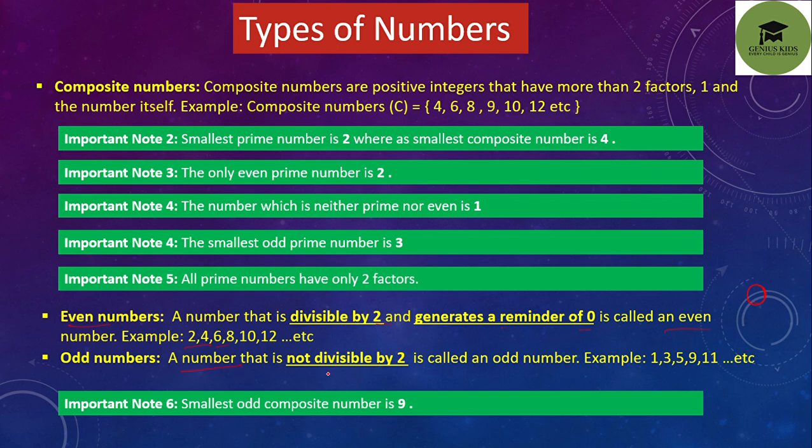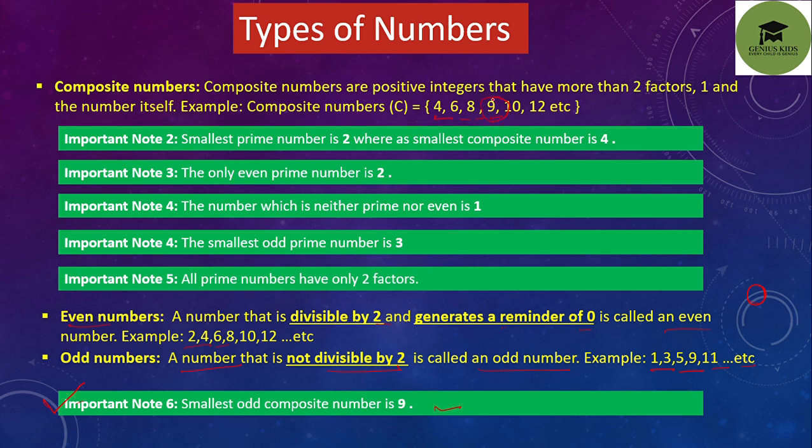What is the odd number? A number that is not divisible by 2 is called an odd number. So it is 3, 5, 9, 11. That is not divisible by 2, so it is an odd number. What is the smallest odd composite number? The smallest odd composite number is 9. See, composite numbers start from 4, 6, 8, 9.